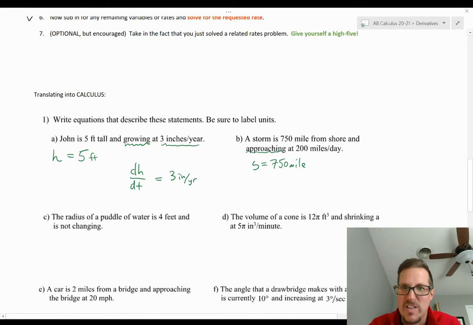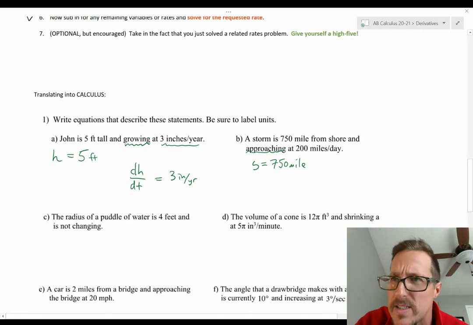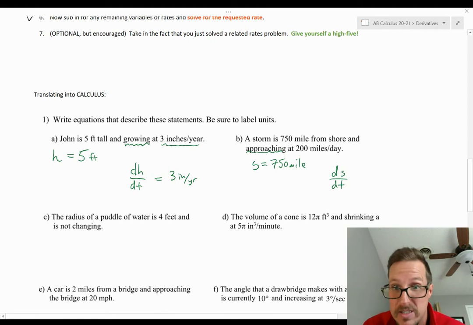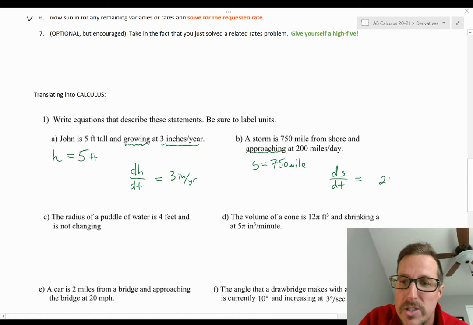That's telling me that it's changing. So we want to say that the rate of change of this distance is 200 miles a day. So ds/dt, the rate of change of the distance the storm is away from shore, is 200 miles a day.